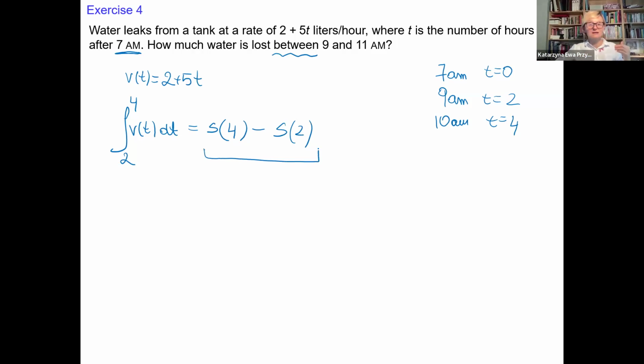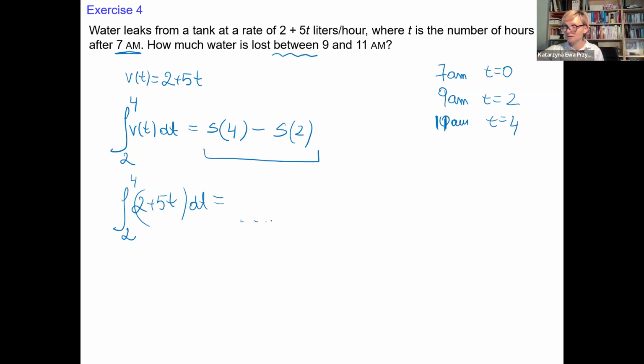We don't need exactly how much water was lost at 11 a.m. or at 9 a.m., but we have to know between, because that's also the difference. And you can just integrate from 2 to 4, 2 plus 5t dt.